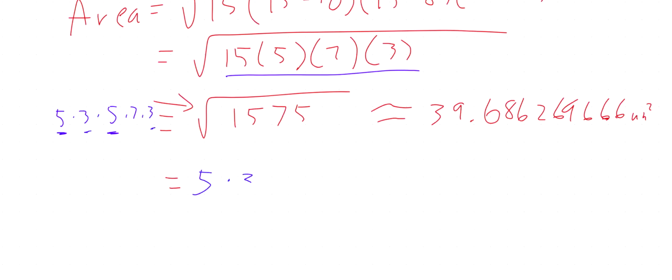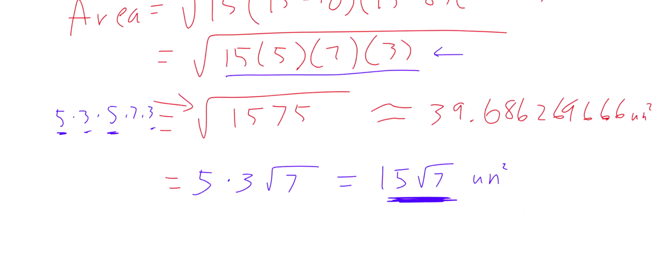And then our 7 stays in. So we could rewrite this as 15 square root of 7 units squared. So be careful how a question asks you to solve it or how to write the answer. If it wants exact values, just simplified, do your factoring, and it can work out pretty nicely from here. If it wants a decimal approximation, then you just use a calculator.